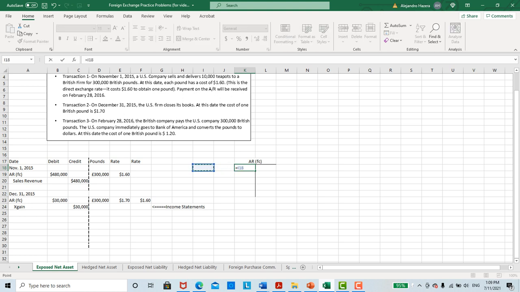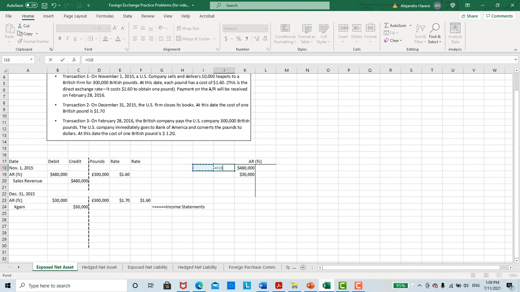First, from entry 1, a debit for 480,000, and then another debit for 30,000.